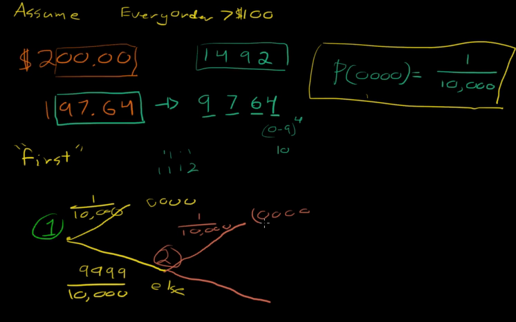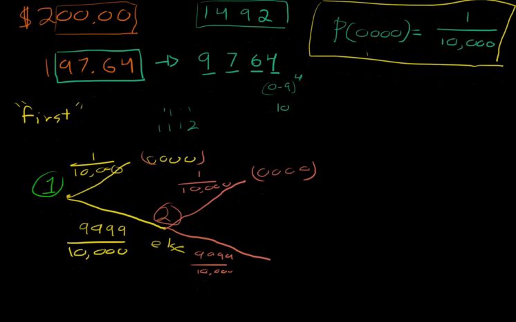I should put parentheses. And you have the exact same 9,999 out of 10,000 chance of failing. And this would just repeat.